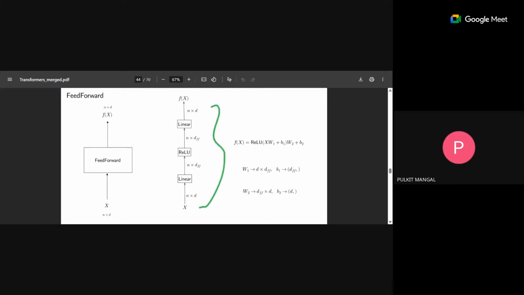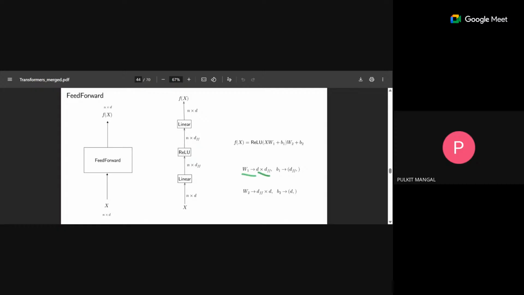So the structure is same, we just keep one hidden layer. We pass our n cross d input matrix to this linear layer, and then pass it to the ReLU layer, then again pass it to the output layer. So there would be just one hidden layer here.